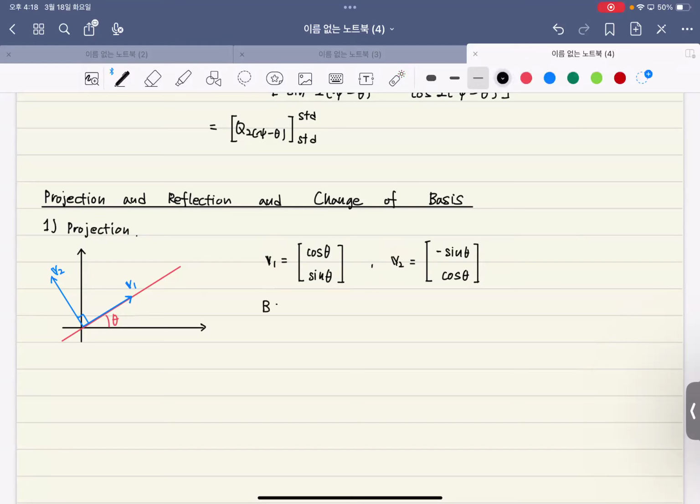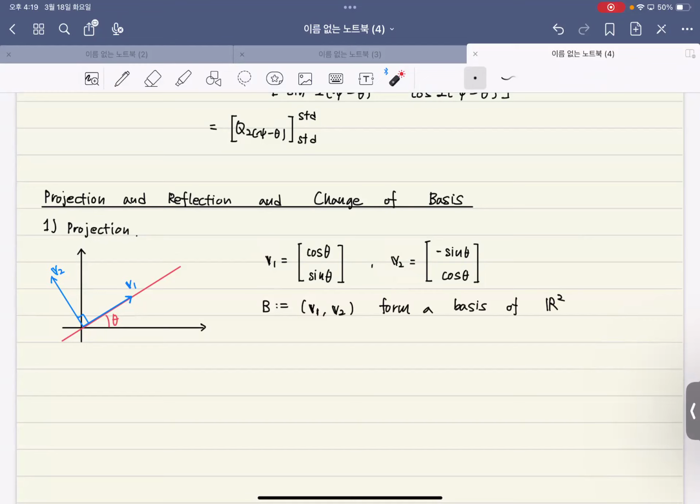So I'm going to give a name for this: the collection of V1 and V2 is going to be the basis B of R2.